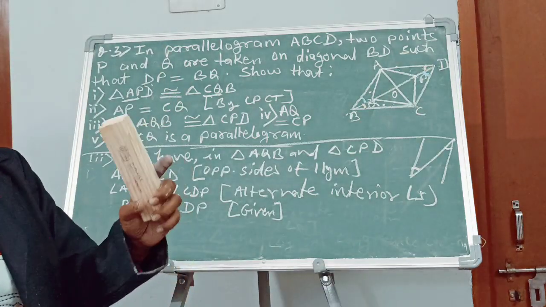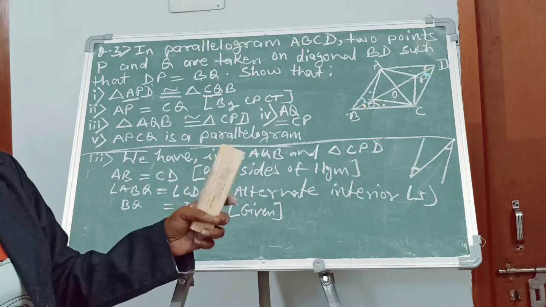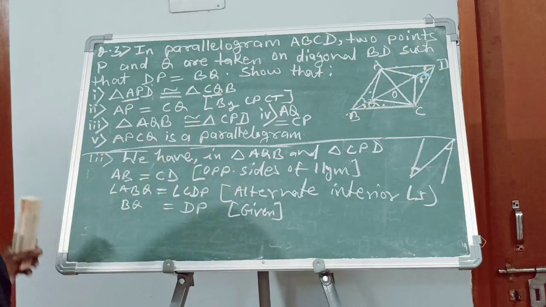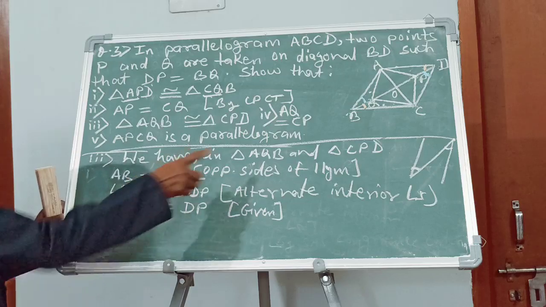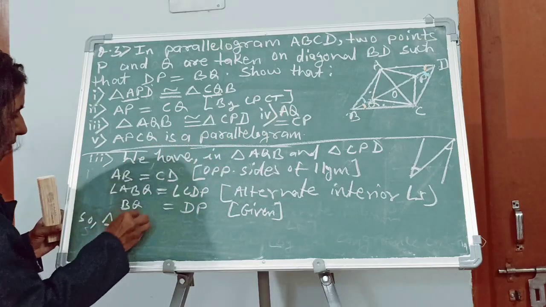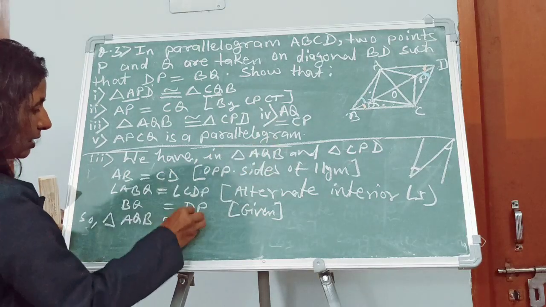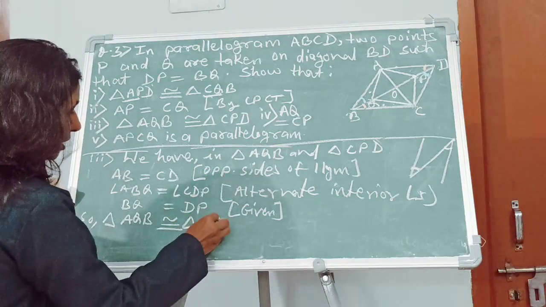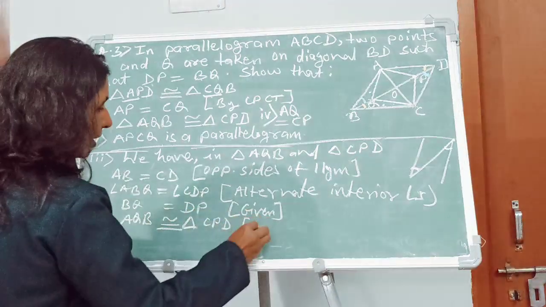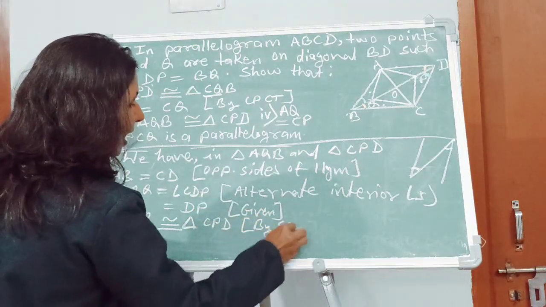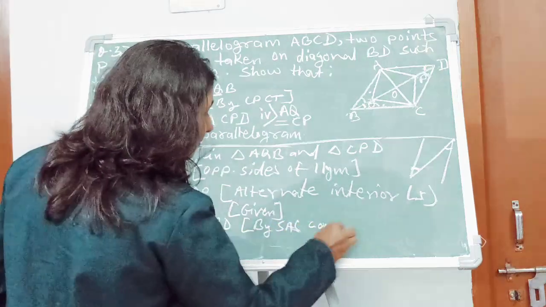So these two triangles are congruent by side angle side congruency criteria. So triangle AQB is congruent to triangle CPD. You have to write the congruency criteria also, by side angle side, SAS congruence.